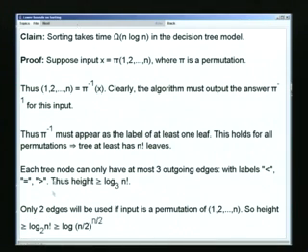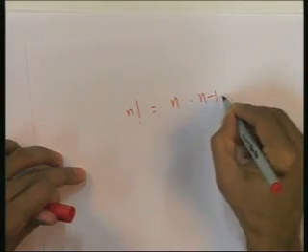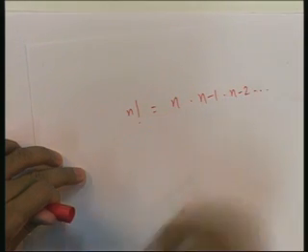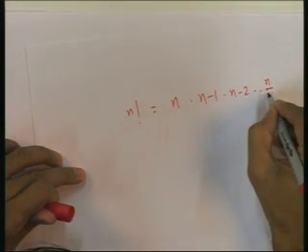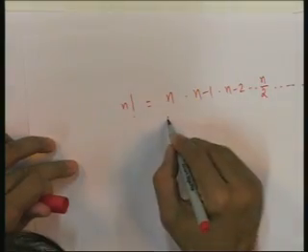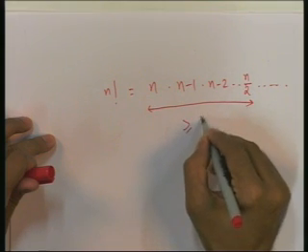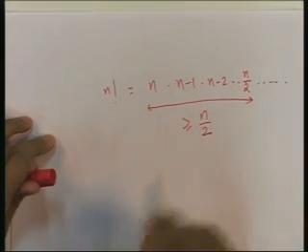But log of n factorial to the base 2 can be thought of as, if you expand out the product, you can see that it is this, and that this is actually easy to see. So let us do that. n factorial is n times n minus 1 times n minus 2 and so on. Somewhere in this we are going to have n upon 2, and then there are going to be some more terms over here. But all these numbers are going to be at least n upon 2. And how many such numbers are there?